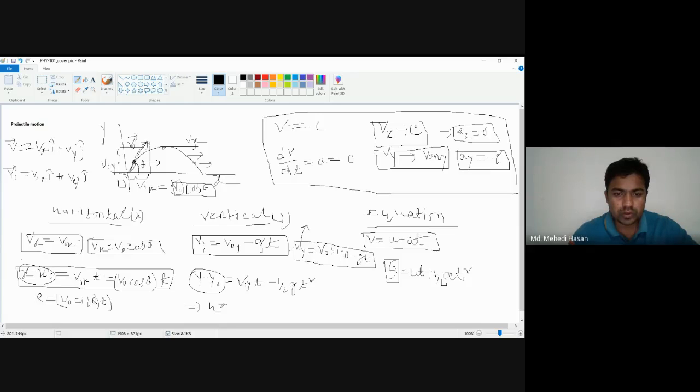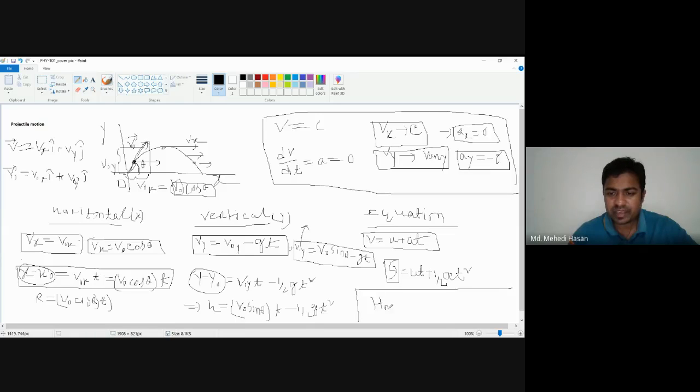H is equal to v naught sine theta times t minus half g t square. So these are the four equations in the horizontal and vertical planes, and the remaining one equation is how we find the maximum height.